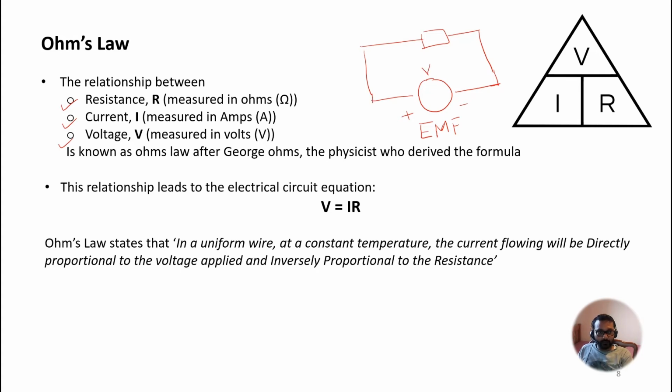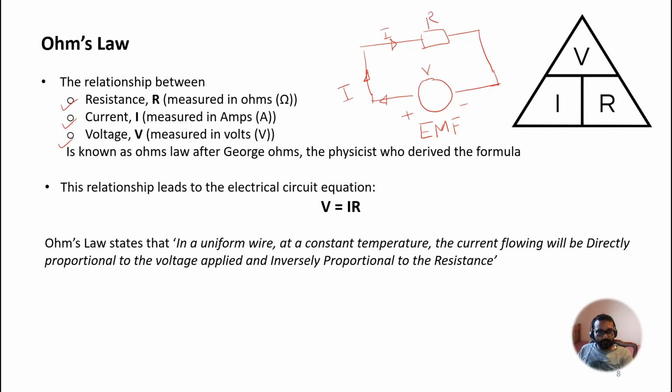So you have applied the EMF. Because of this electromotive force, some current will start flowing if the circuit is complete, and you would have some resistances in the circuit, right?